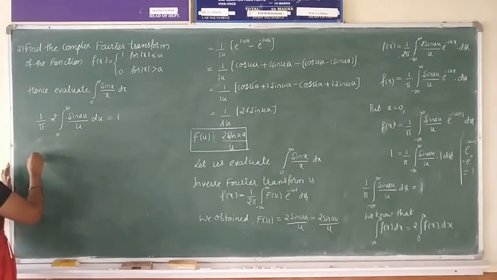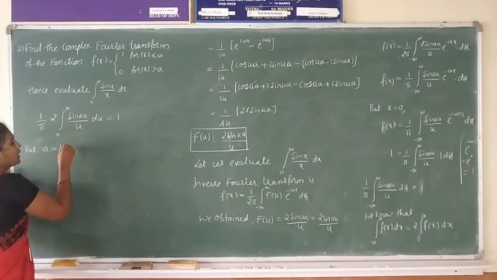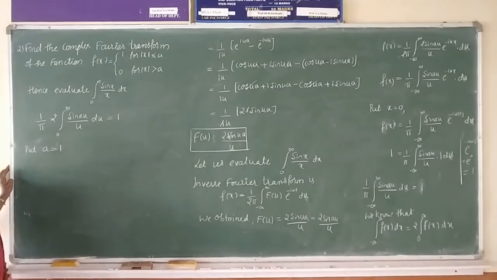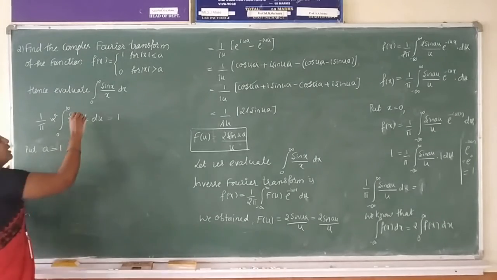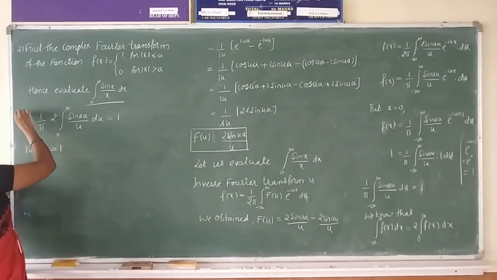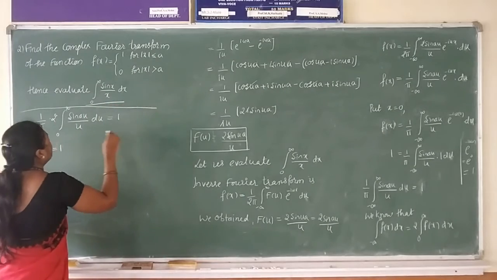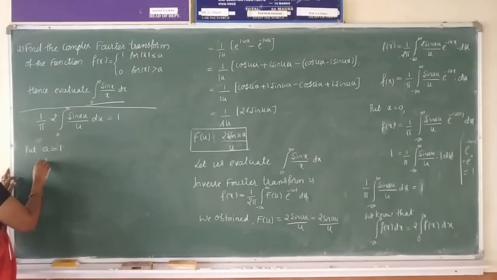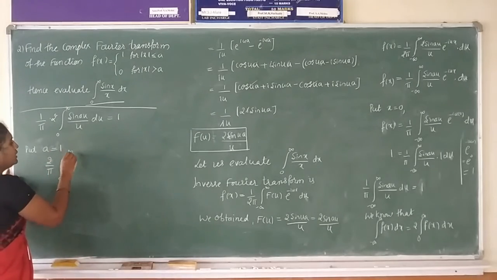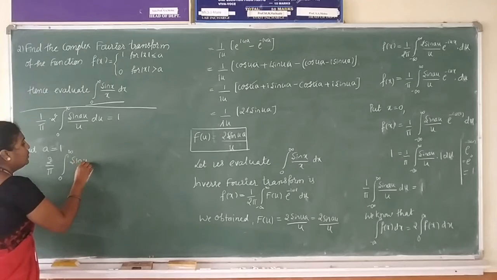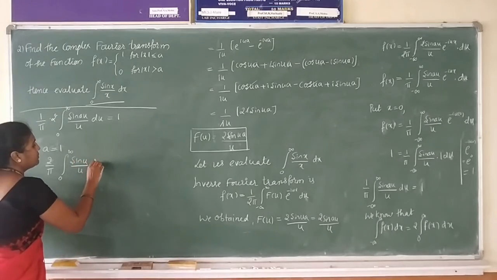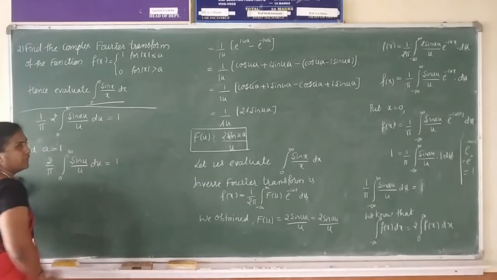Okay. Next, put a equals 1. Why are we substituting x equals 0, a equals 1? To get the value of this term. Now putting a equals 1, this is 2 by pi integration 0 to infinity sin u upon u with respect to u, that is equal to 1.